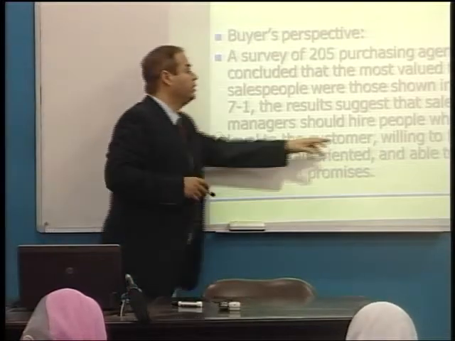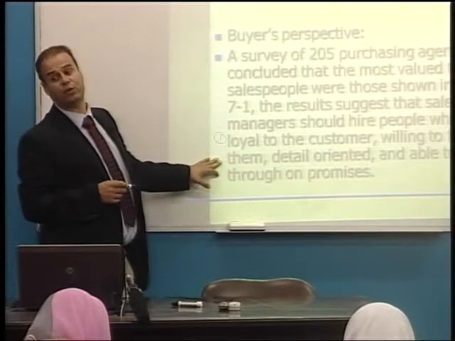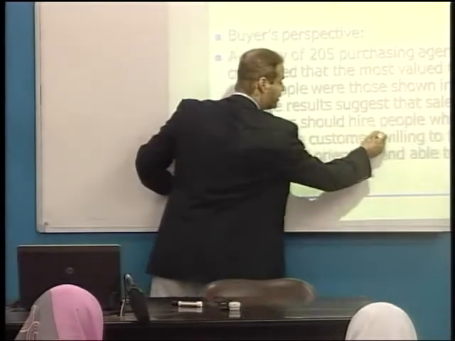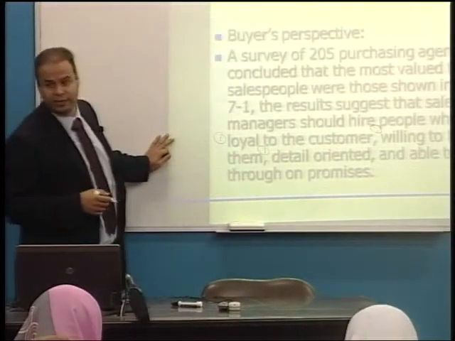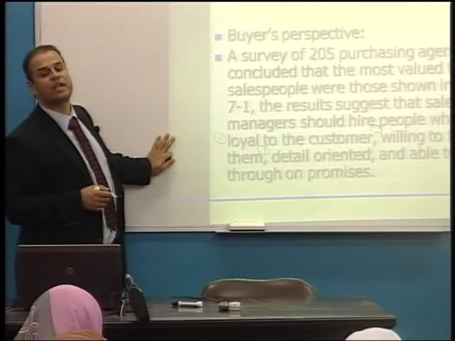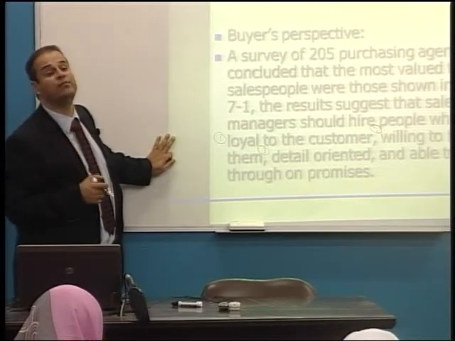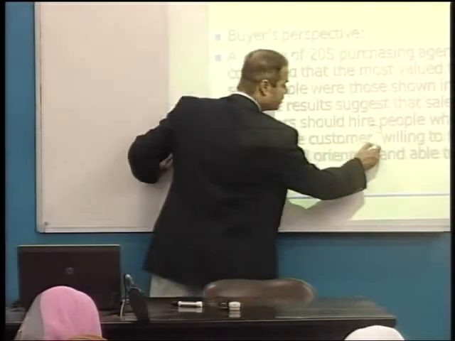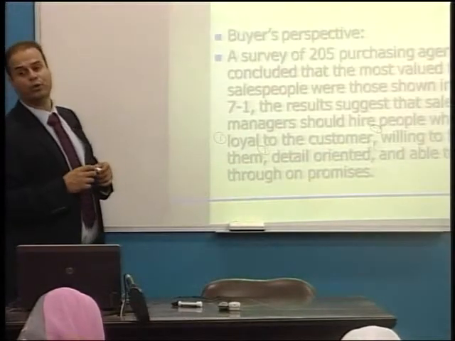Number two, this person must have a willingness to defend the rights of his or her customers. Number three, this person must be detail-oriented. In other words, this person is alert and considers all the details involved in the purchasing process. The final trait, this person must be able to follow through on promises.